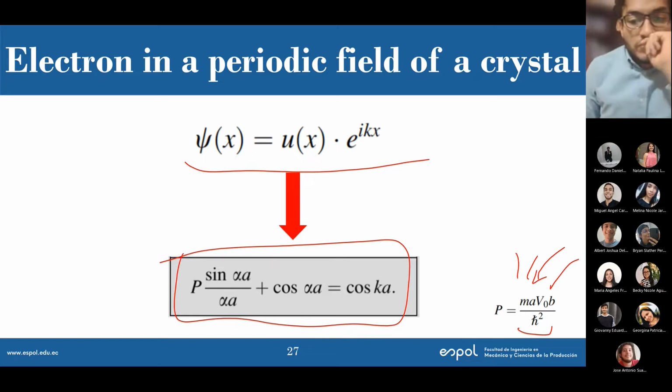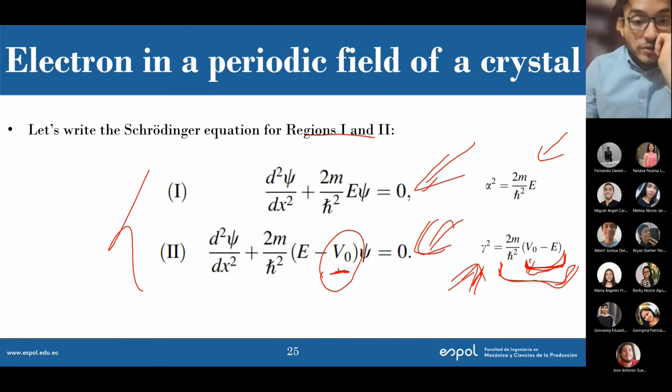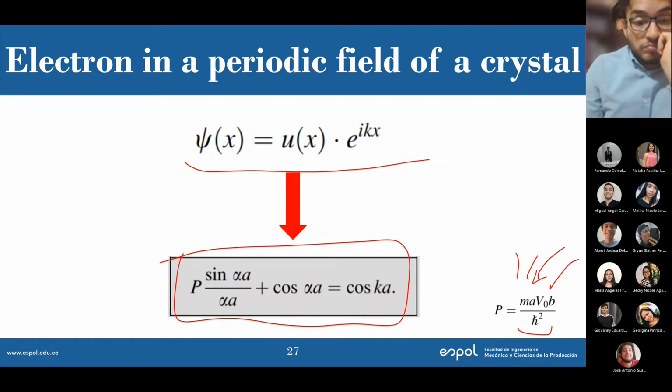So this relation actually provides the allowed solutions to these equations, right? So that's the relation that allows me to get the allowed values of energy in the Schrodinger equation.